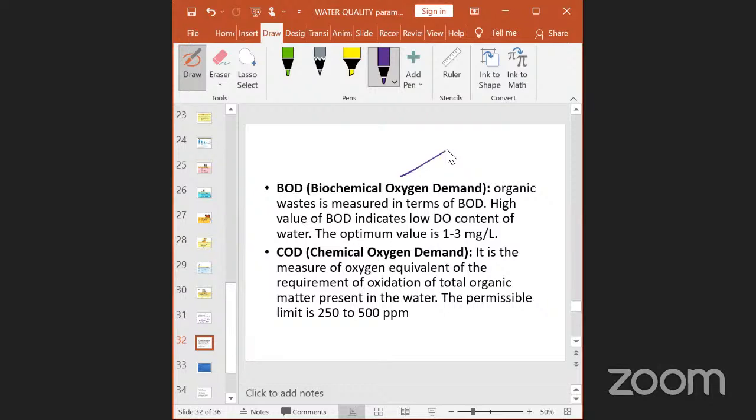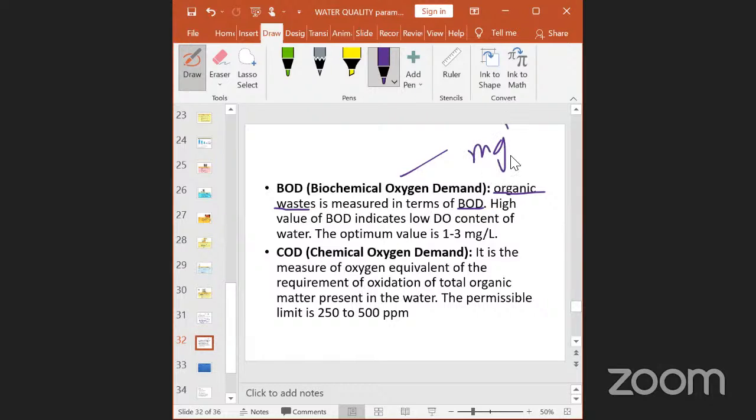BOD, so water pollution by organic wastes is measured in terms of BOD, right? It is the amount of DO needed by bacteria in decomposing the organic wastes present in the water. It is expressed in milligrams of oxygen per liter of water.